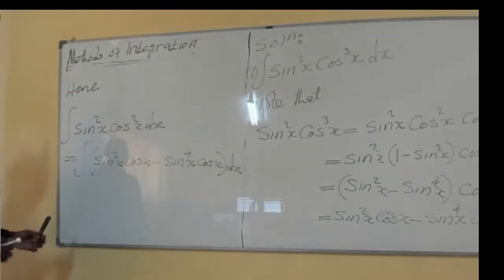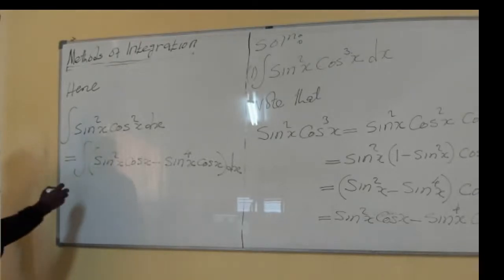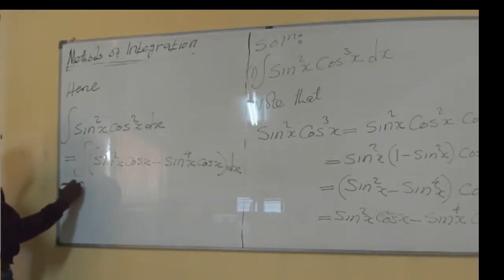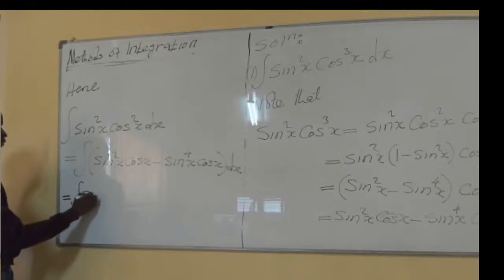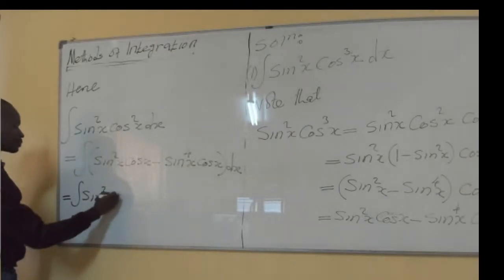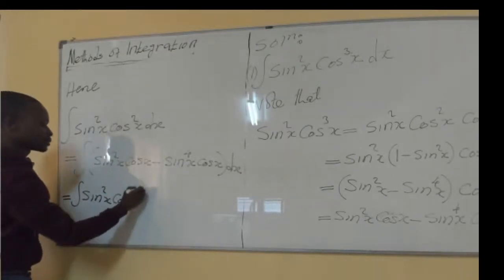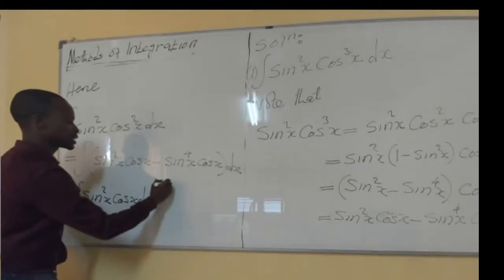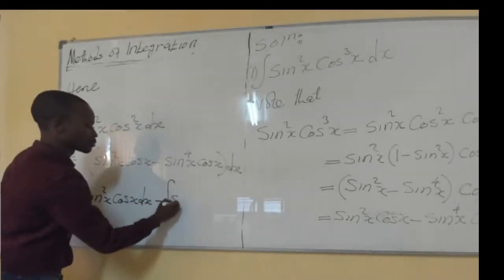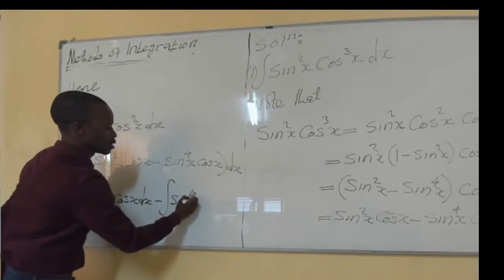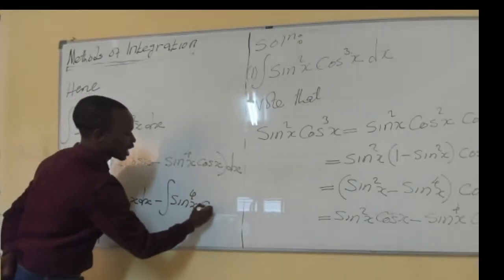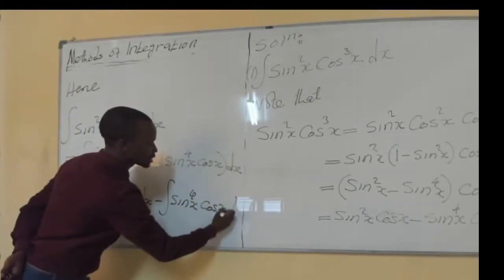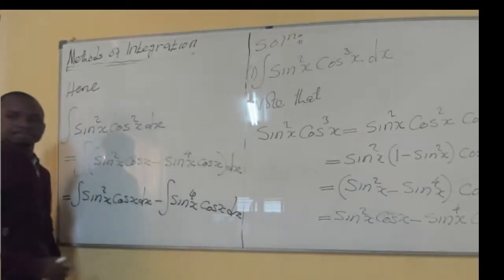Hence, using the linearity property, this is just the integral of sine squared of x cos x dx minus the integral of sine x power 4 times the cosine of x dx.